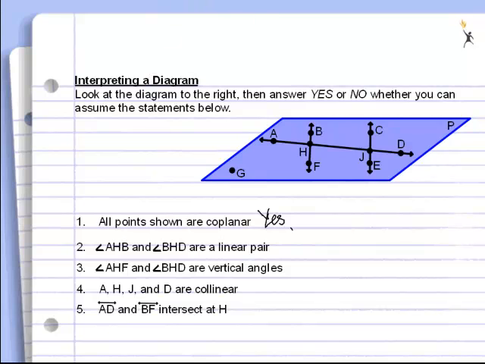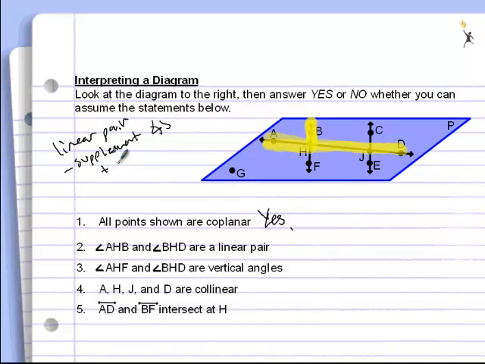Could it be said that angle AHB and angle BHD are a linear pair? Now, if you have to remember, a linear pair is two adjacent angles that are supplements.